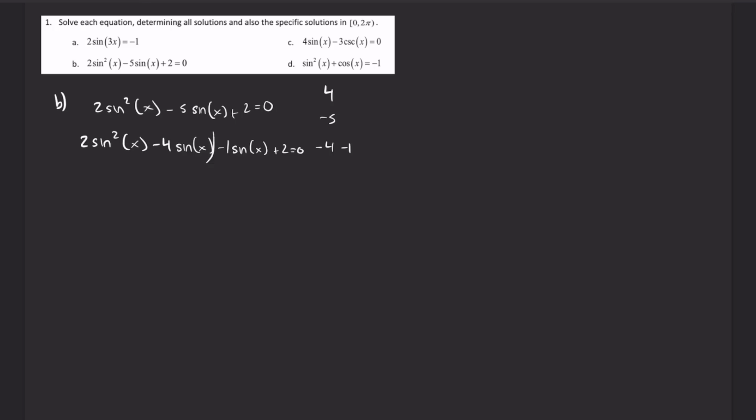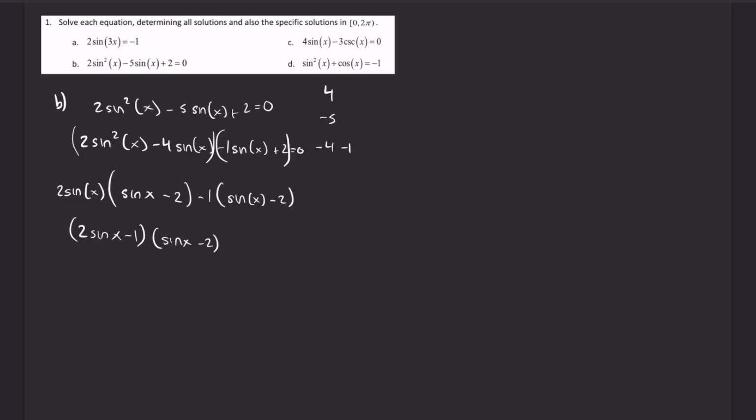If we group these together and then we factor out, then we group these. Once you have these two similar terms, you know you've done it right.